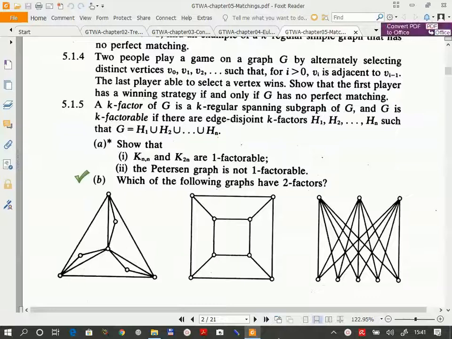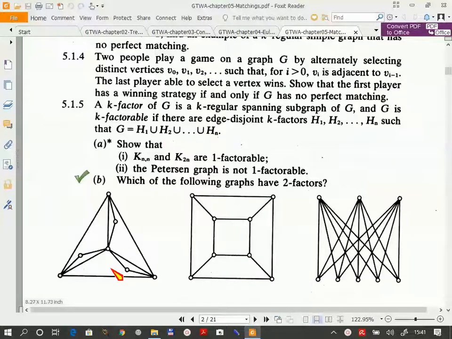The left one. This one. Yeah, there is. There are many. Maybe you are not clear with the idea of what the 2-factor is, sorry.